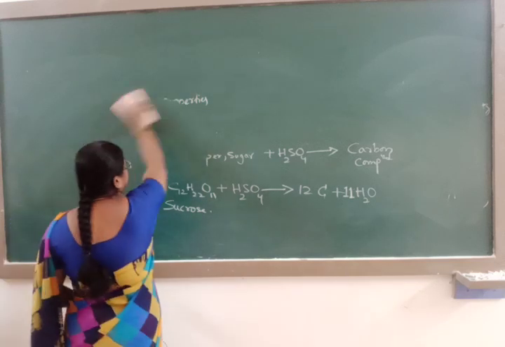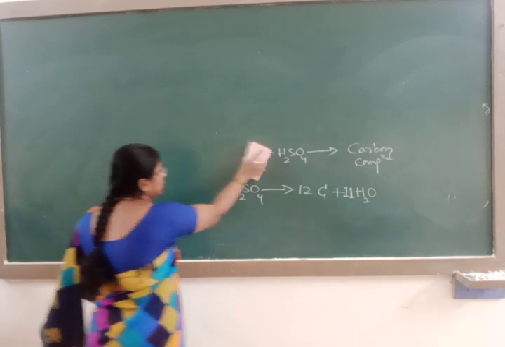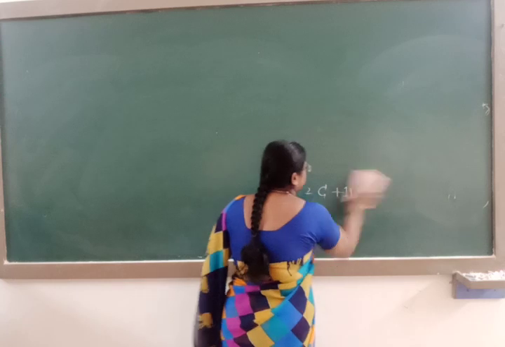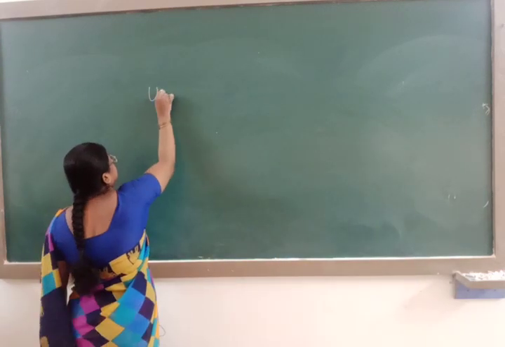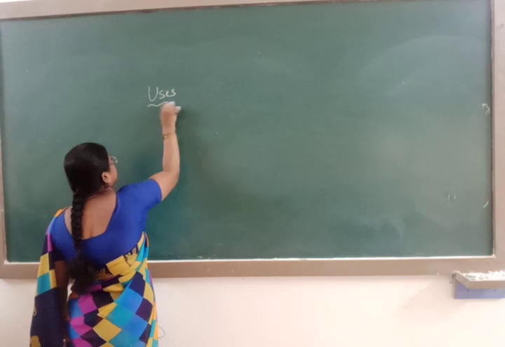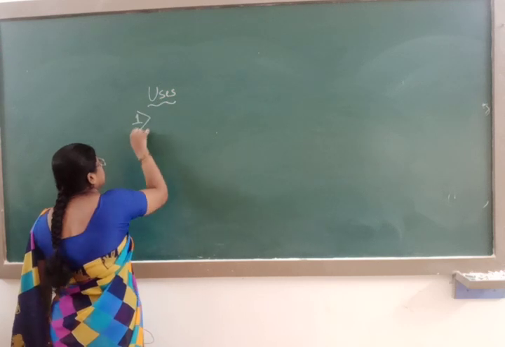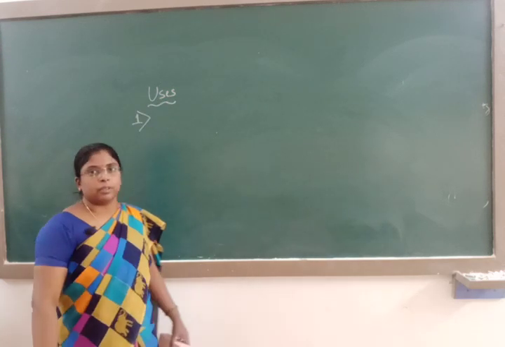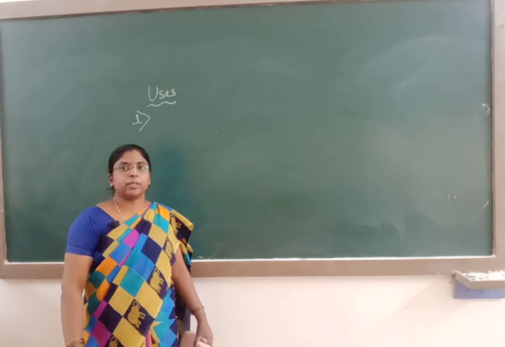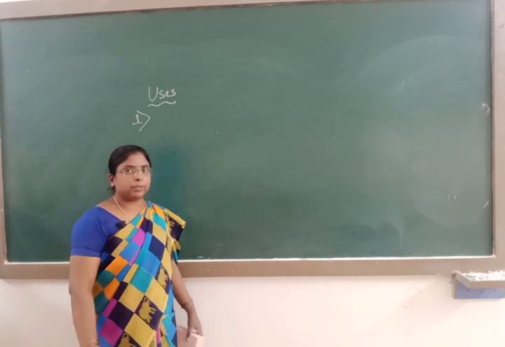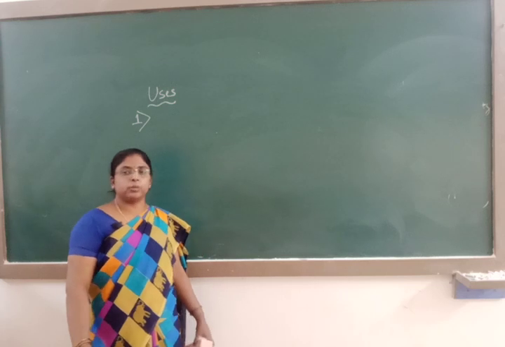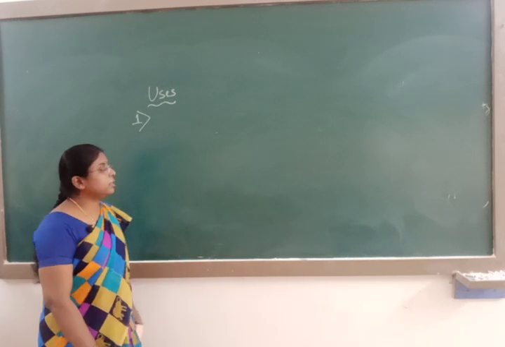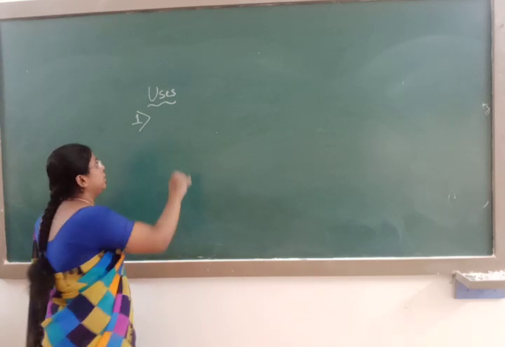Last comes the uses of concentrated sulfuric acid. The first use is that it is used as a dehydrating agent. It removes the moisture, hence it acts as a dehydrating agent.